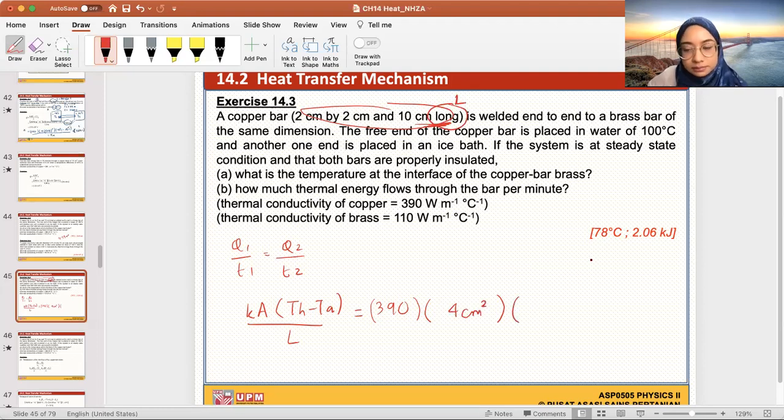Next, since it's 100 degrees Celsius, we need to convert it to Kelvin, I think. So how do you change it to Kelvin? Plus 273. Okay. And then TA we can leave as an unknown because that's what we want to find. And then the length is 10 cm.